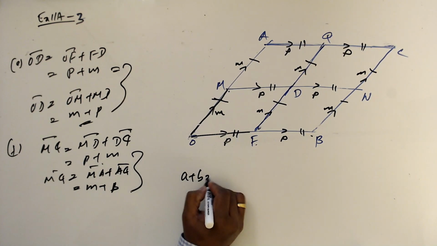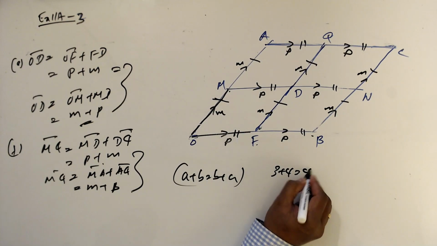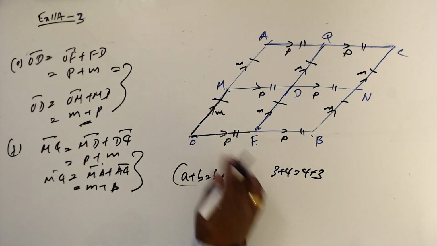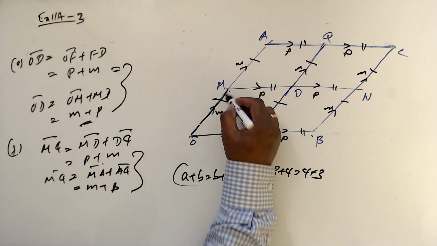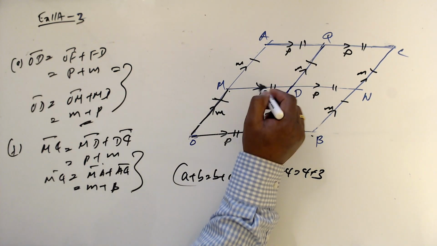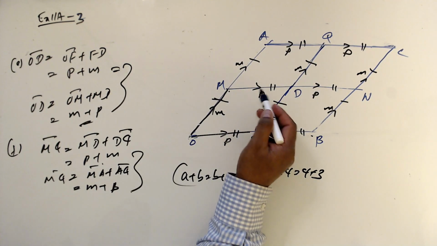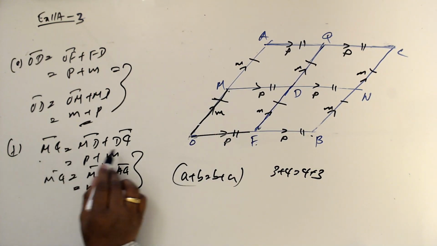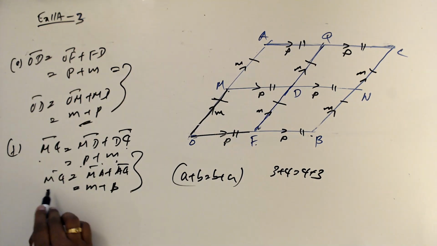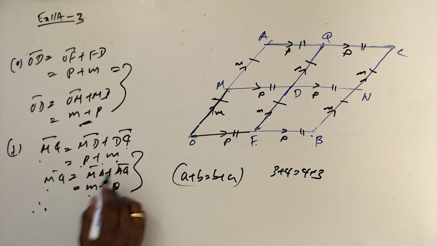In the A plus B equal B plus A law, we can write 3 plus 4 equal 4 plus 3. In vectors also we can write. The proof is given like this. Because this is a parallelogram, MQ is P plus M, and MQ is M plus P. Hence, what is the conclusion?